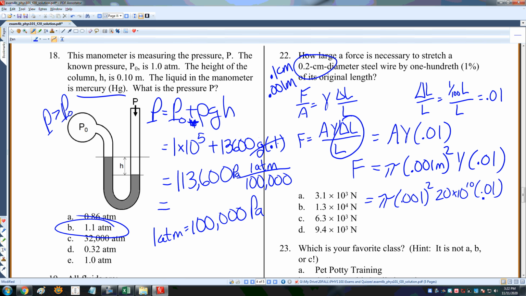I get 6280, so 6300 newtons required. This was a tricky one because you had to figure out the area, and then there was this whole thing about delta L over L being equal to 0.01. It's looking at the ratio of delta L to L.